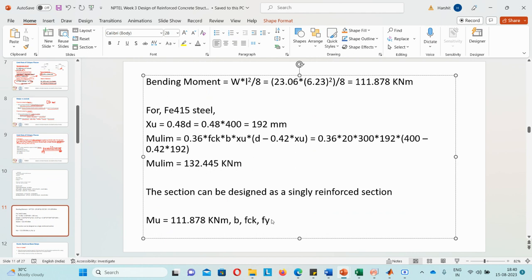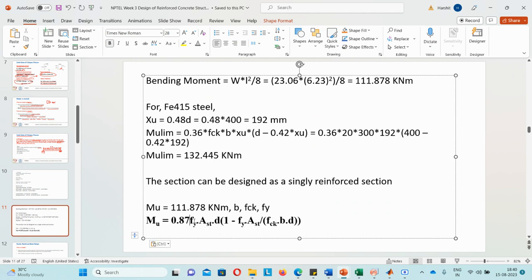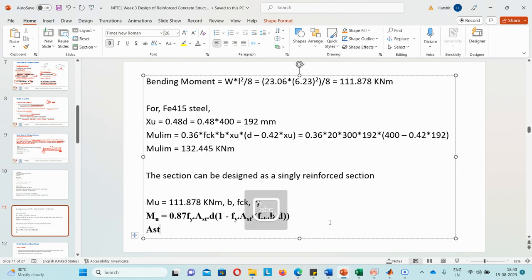So we know fy, we know Mu, we know d, everything we know here. Right now I have the value. You can do the calculation on your own later also. So the area of steel will come out to be 921.5 millimeter square.